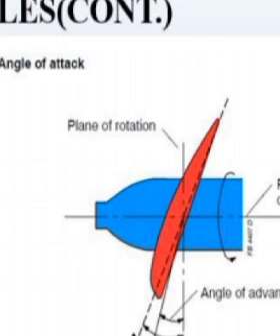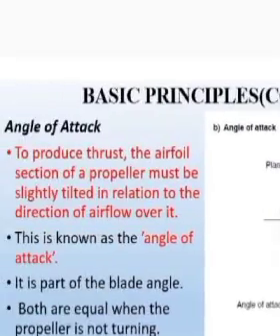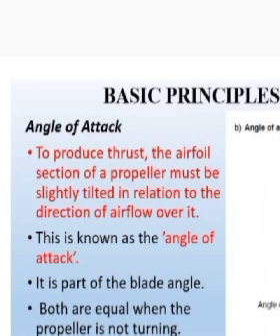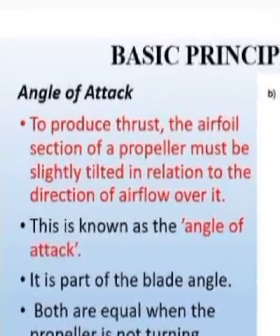So the more you increase your angle of attack, the more your thrust. The lesser your angle of attack, the lesser your thrust. So this is known as the angle of attack, the angle between the chord line and the relative airflow. As I said, it is part of the blade angle.